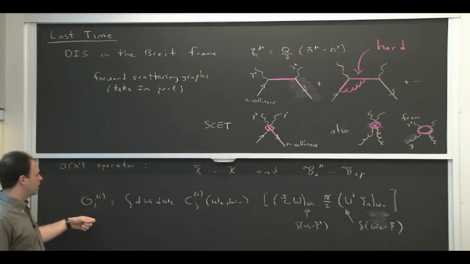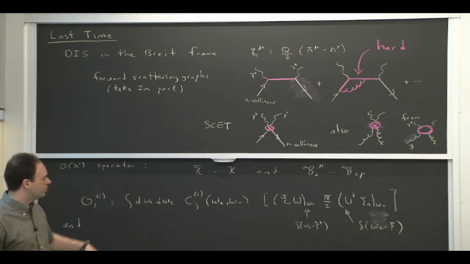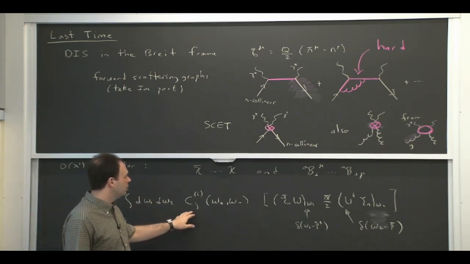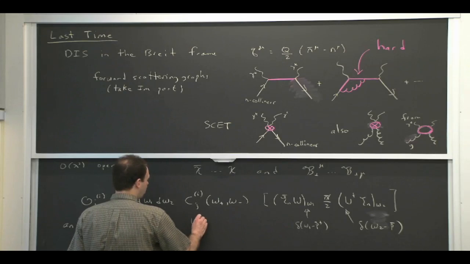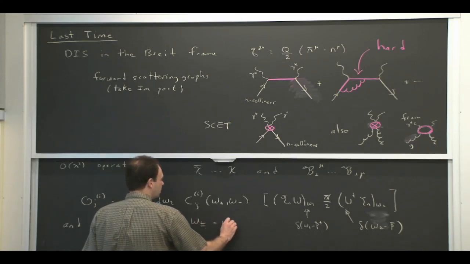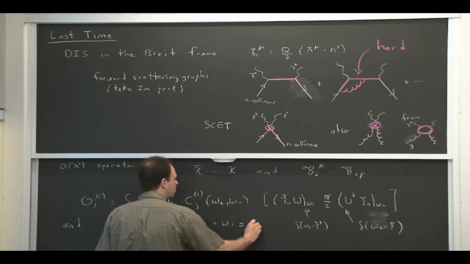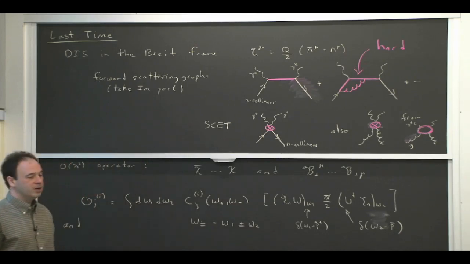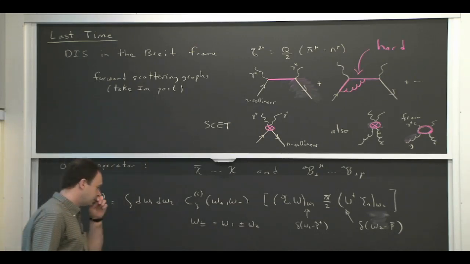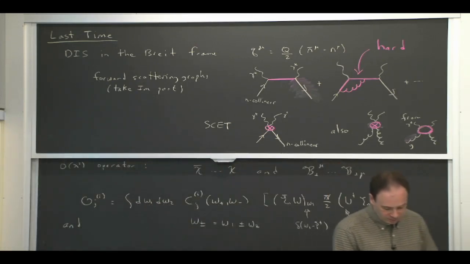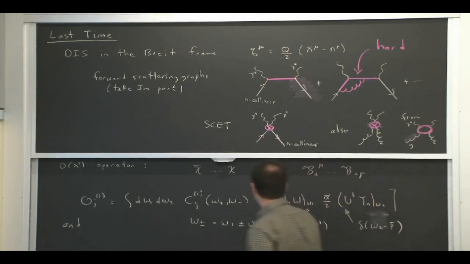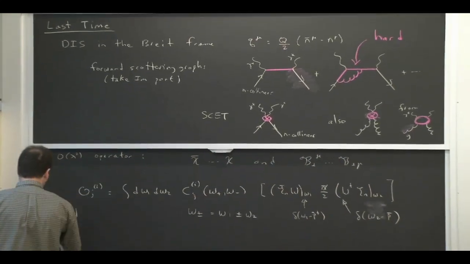So this is writing out now the operator and the Wilson coefficient in a combined notation, where this W plus is W plus and minus, or W1 plus and minus W2. And then we had one more formula. It's where we ended.